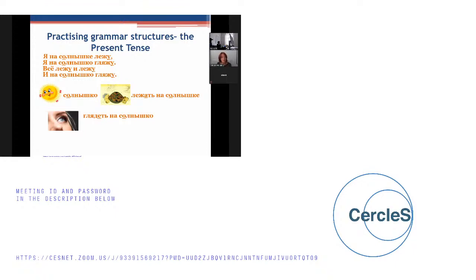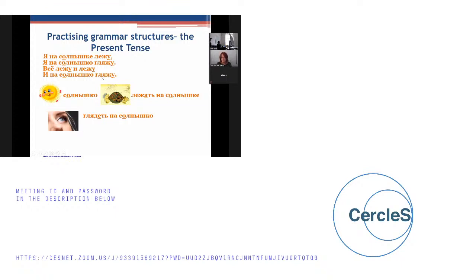So it's a warm-up activity which I use at the beginning of the classes after students are introduced with this present tense rules. So I choose some rhymes or songs in which present tense is used, like here, я на солнышке лежу, я на солнышко гляжу, я лежу и лежу, и на солнышко гляжу.